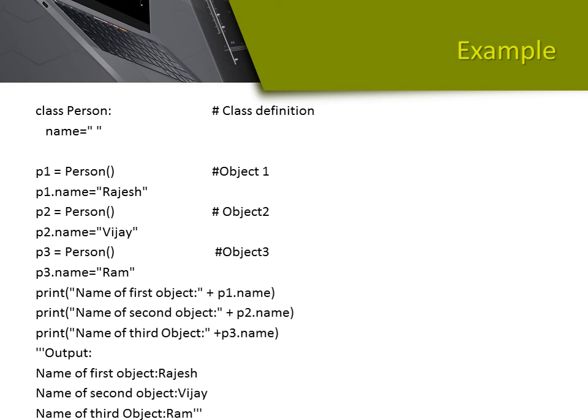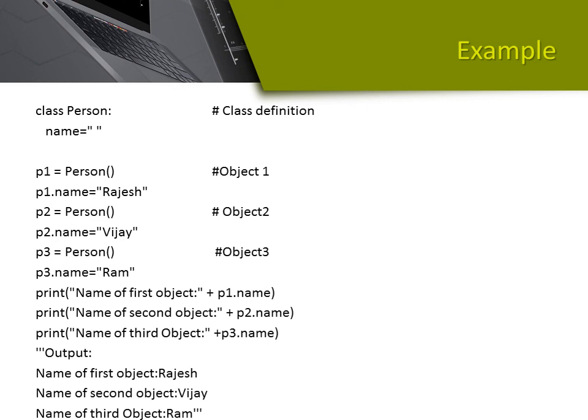Then we are creating objects. This is the first object. We are assigning name of the first object. So we are stating p1.name is equal to Rajesh. Then defining second object, assigning the value to the name of second object, and similarly for the third object.